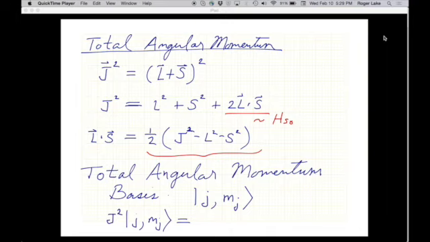Well, let me just finish this sentence and we can go back. So it's h bar squared times J times J plus 1.